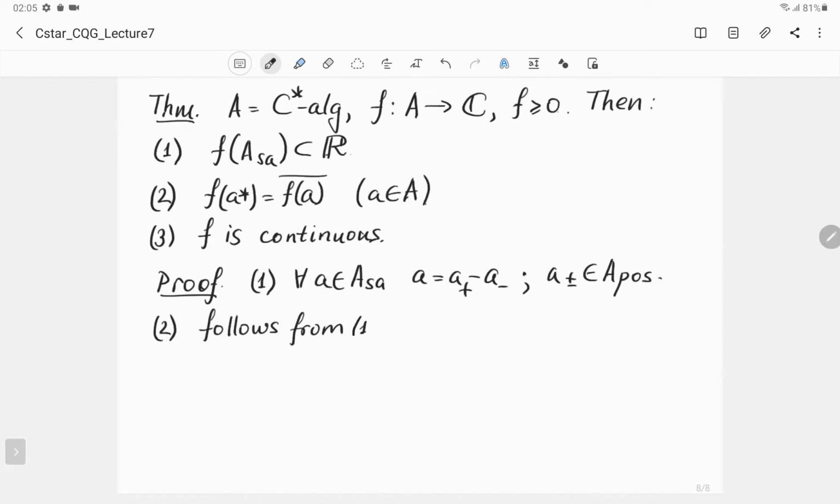Actually, we can apply the same argument that we used when we proved that every character of a star algebra is a star character. Here, the proof is identical to the case of characters.